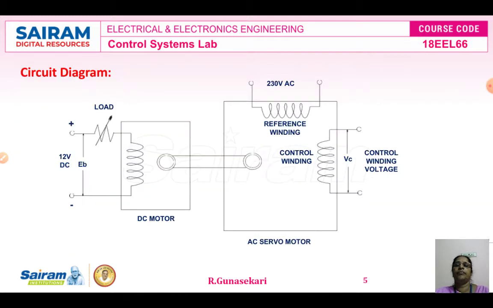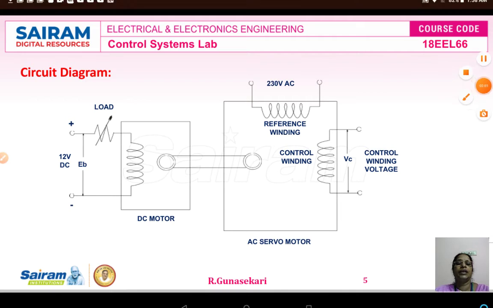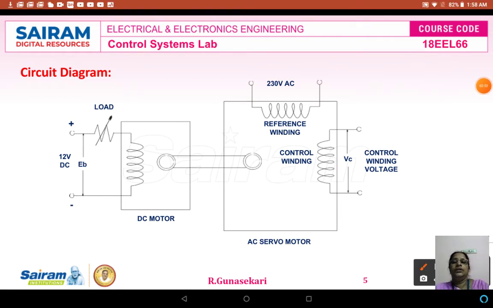Now you see the circuit diagram. The AC servo motor is coupled with a DC motor. The 12 volt DC supply is given to the DC motor, so across the winding of the DC motor we can measure the back EMF, Eb.